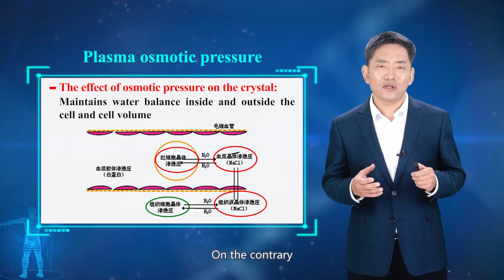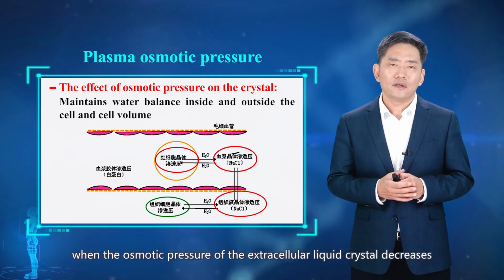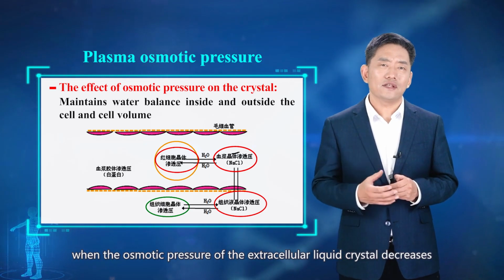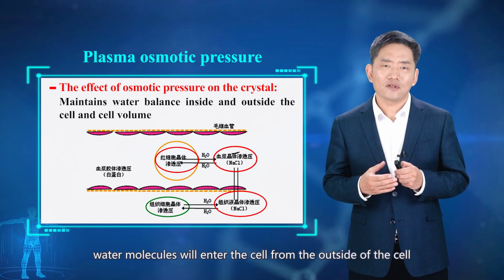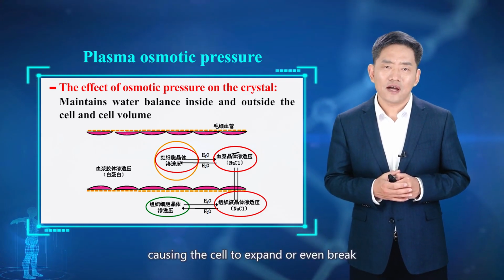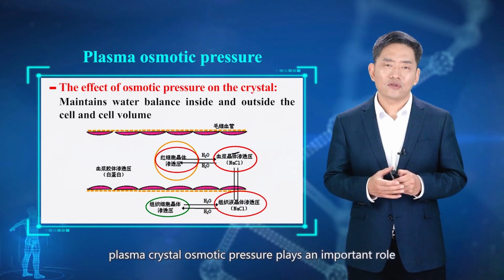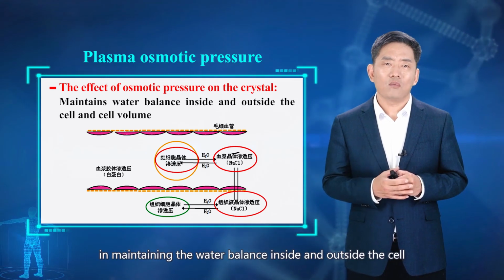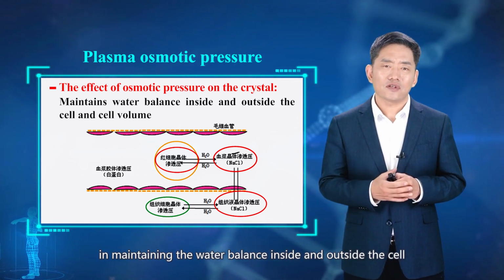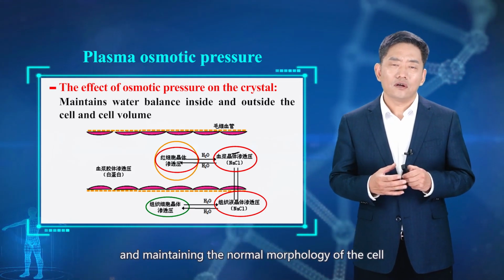On the contrary, when the crystal osmotic pressure of the extracellular fluid decreases, water molecules will enter the cell from outside, causing the cell to expand or even break. Therefore, plasma crystal osmotic pressure plays an important role in maintaining the water balance inside and outside the cell and maintaining the normal morphology of the cell.